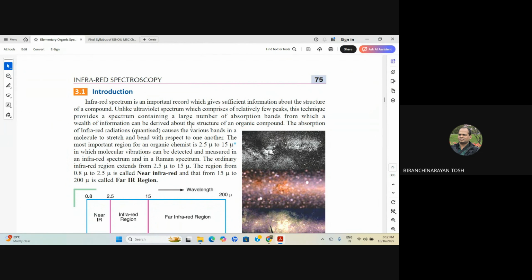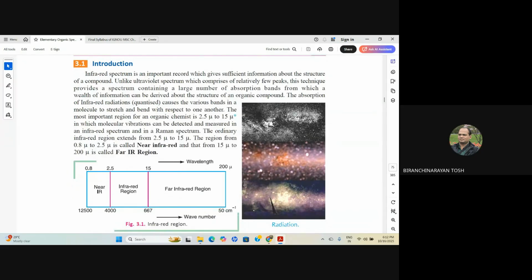And as you know, each vibrational level is also associated with some rotational energy levels. That's why it is known as vibrational rotational spectroscopy. And the range is given here.